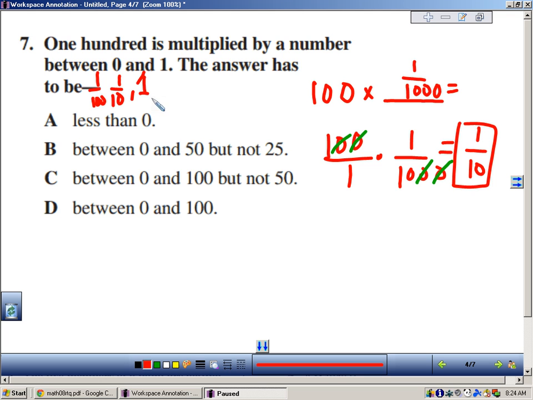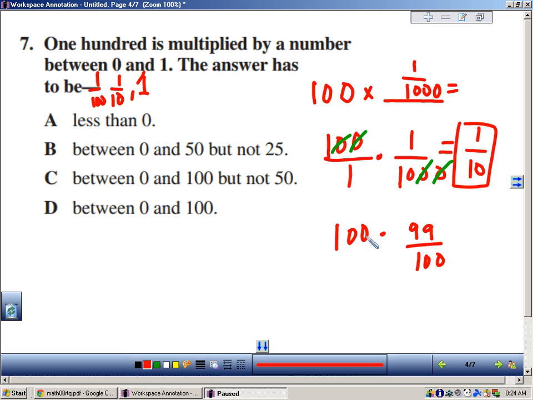Okay. Now, if I multiplied 100 by, let's say, 99 over 100. Not 1 yet, because 100 over 100 is 1. Close to 1.